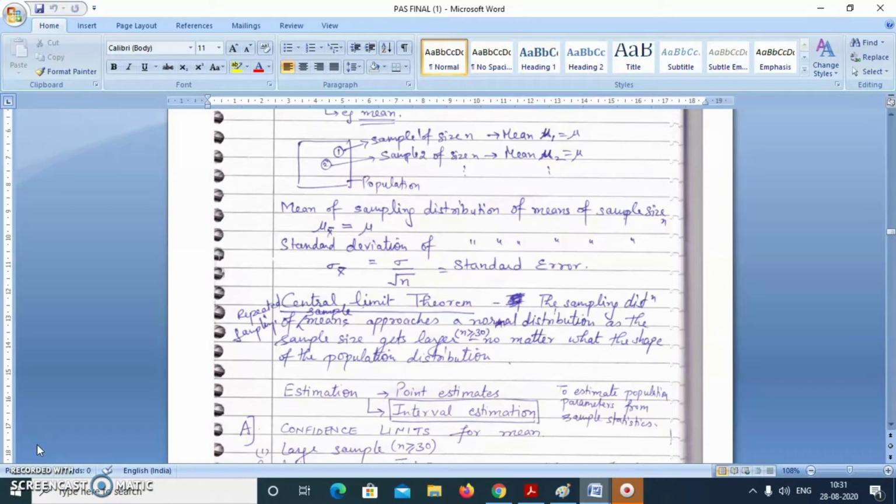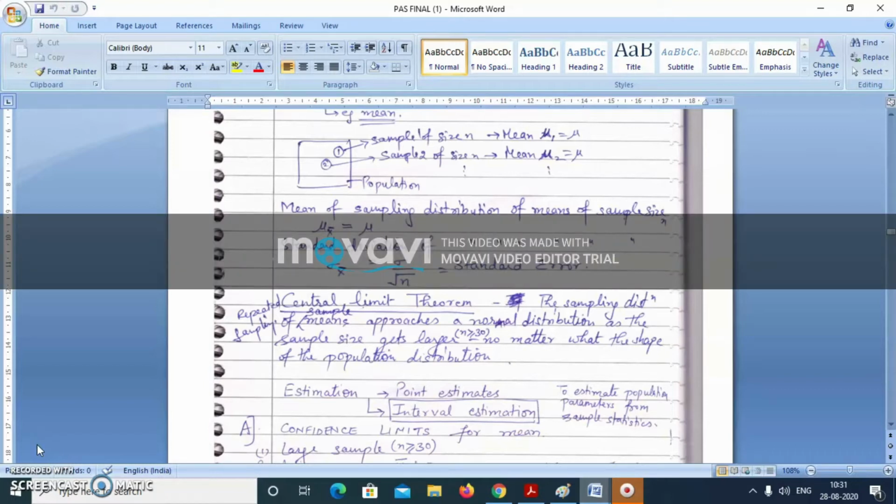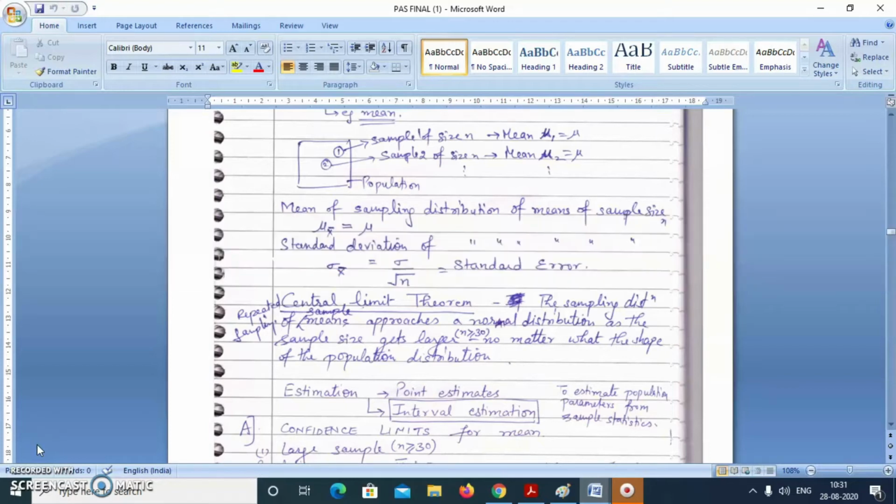For understanding the calculation of interval estimation, we need to understand the central limit theorem. Don't get confused. It is a very simple single-line statement, the result of which we use in the calculation of the interval estimation.